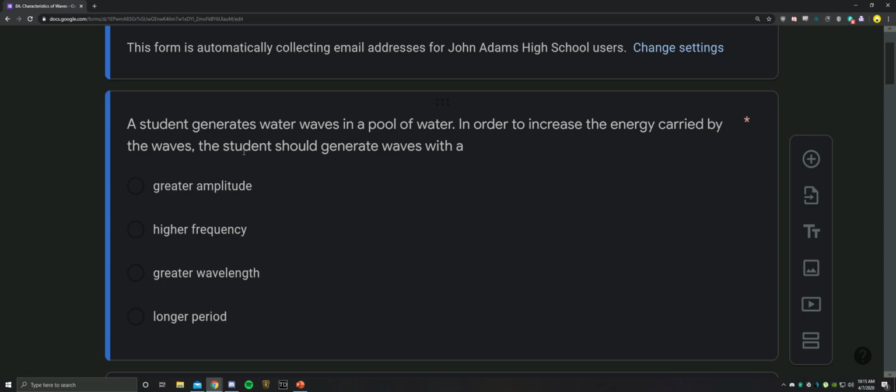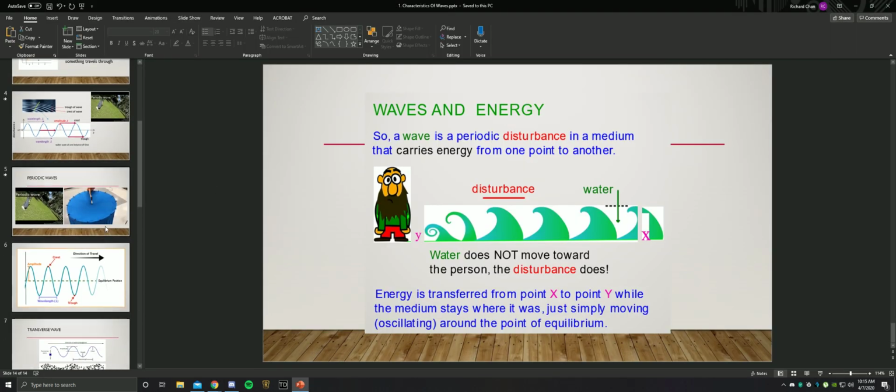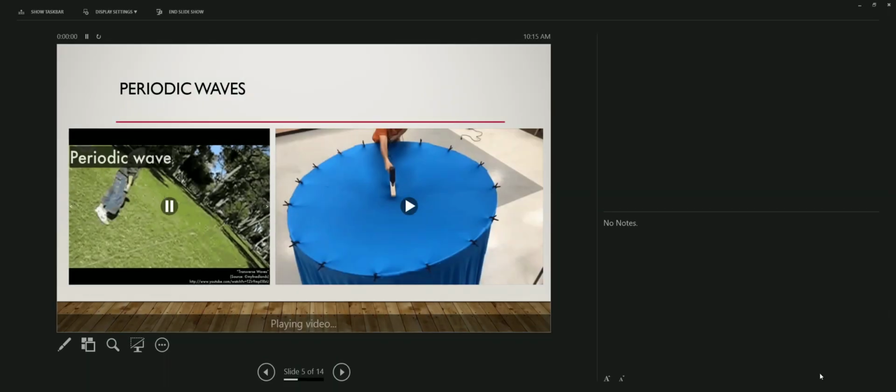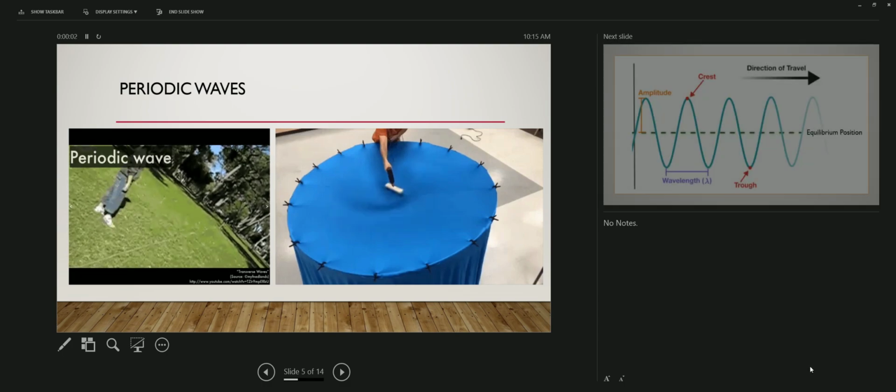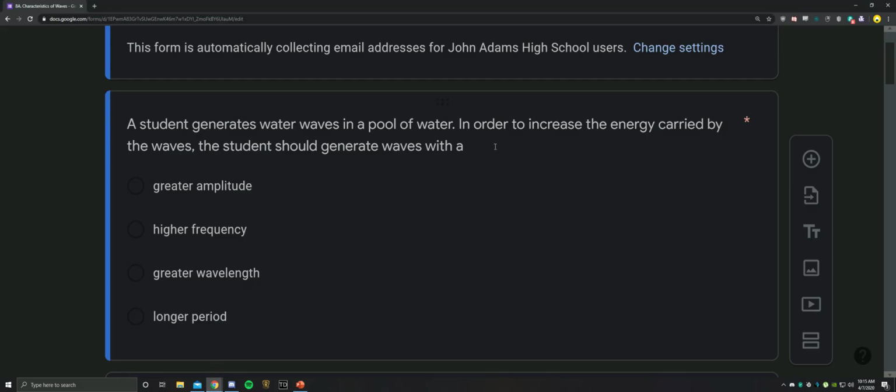So number one, a student generates water waves in a pool of water. You can kind of think of it like this. So you're generating water waves. In order to increase the energy carried by waves, the student should generate waves with a what?